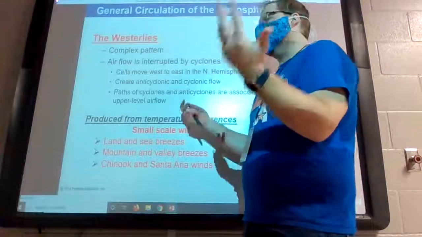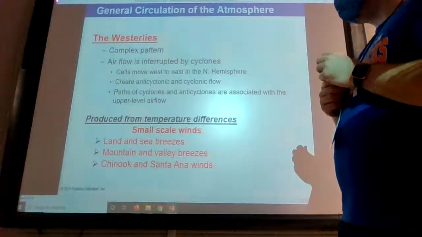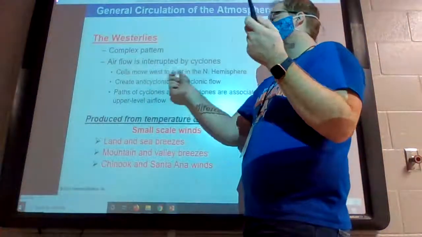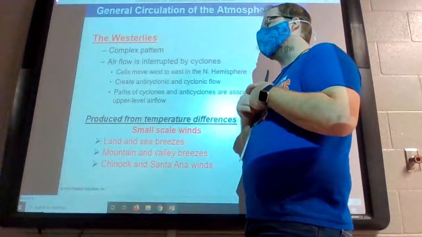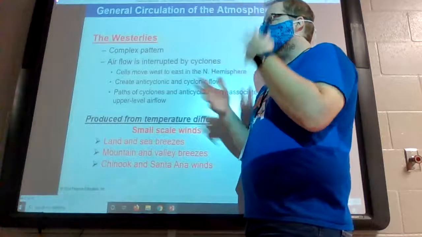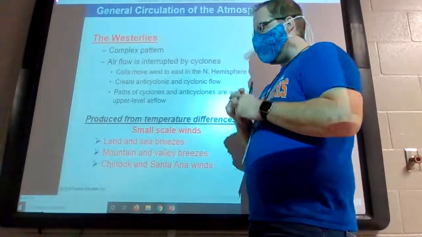Southern winds are going to be warm and moist because they're coming from the south. So the westerlies travel from the west to the east. In the northern hemisphere, they create anticyclonic and cyclonic flows, and they basically help keep our weather a little bit mixed up and exciting in a way.